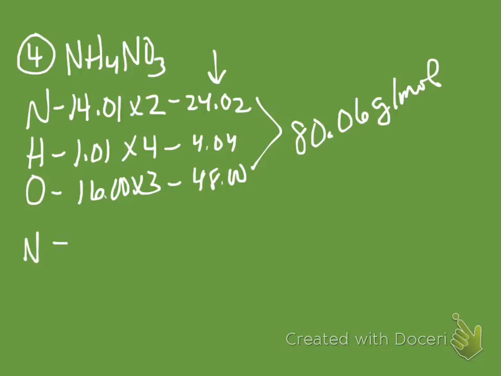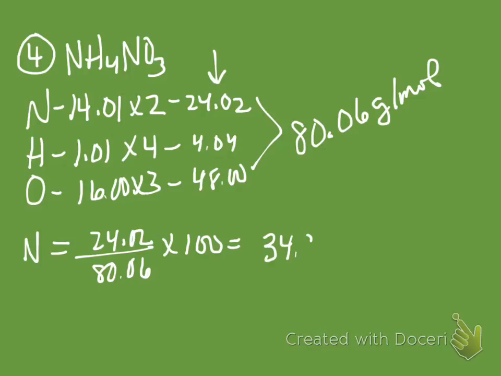Okay. So then it's just a matter, if you've written down that column, this is pretty much done for you. So 24.02 divided by 80.06 times 100, we get, what, 34.9987509%. We have 4 sig figs. This is one of the trickier sig fig problems. We're rounding that based on what comes after it.